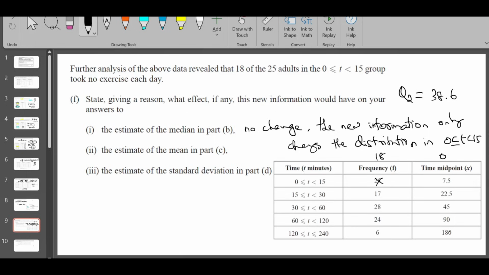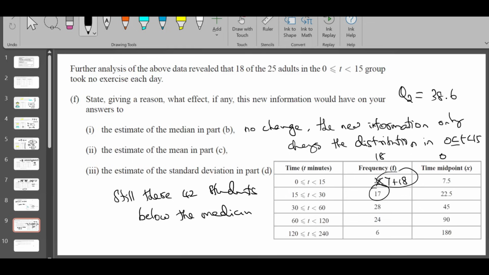So if we divide into 7 plus 18, this 25 plus 17 is still 42. Still there are 42 students below the median. Therefore the median will not change. That's the answer for I.